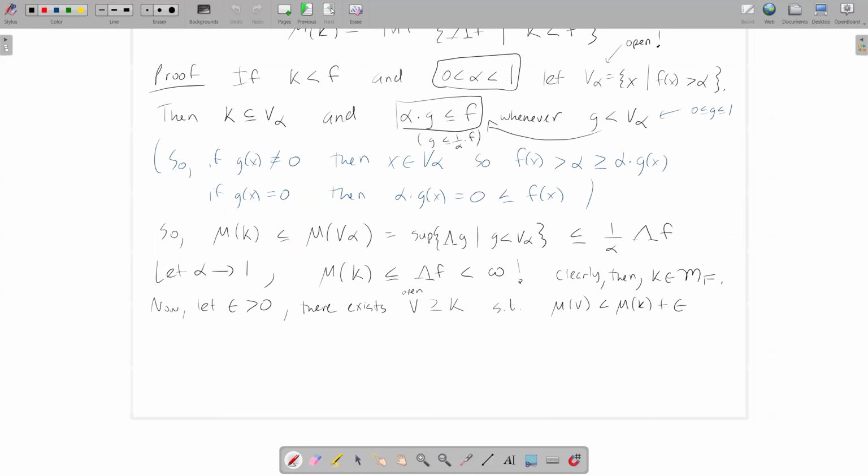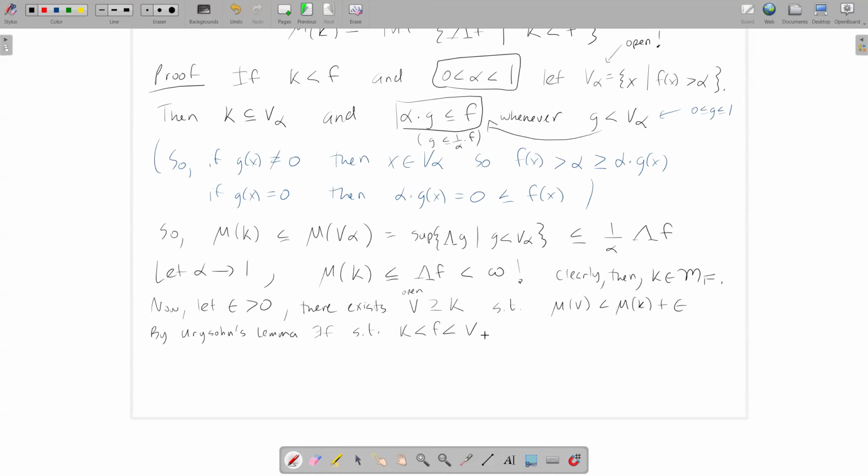And now, as soon as you have this, you should think, oh, now I need the Urysohn lemma. So by the Urysohn lemma, there exists an f that is trapped between K and V simultaneously.